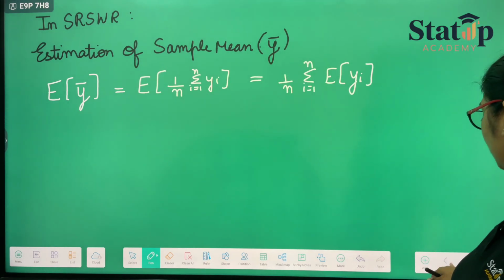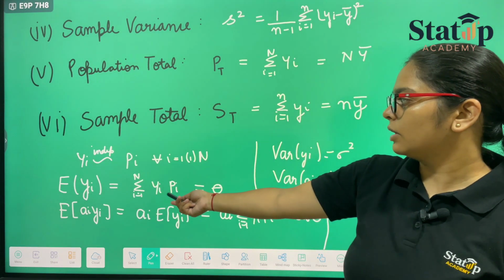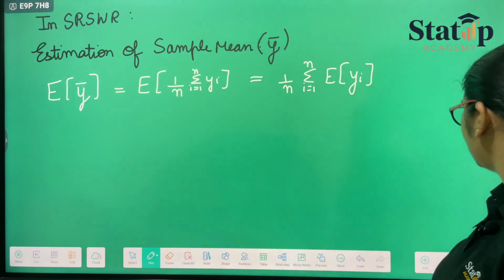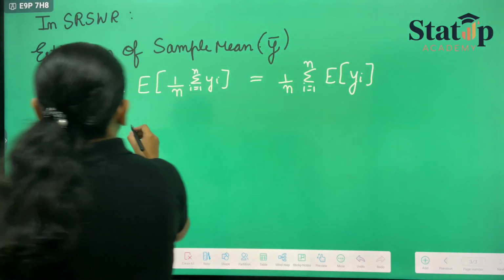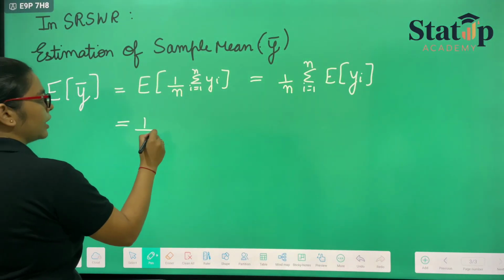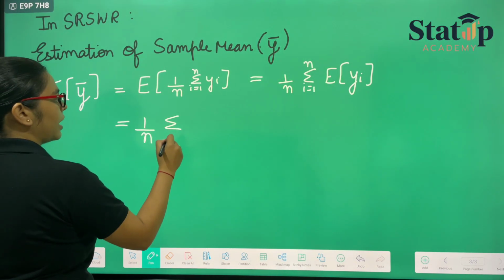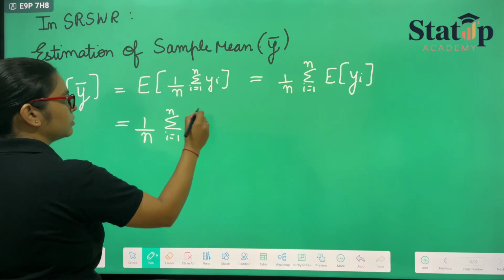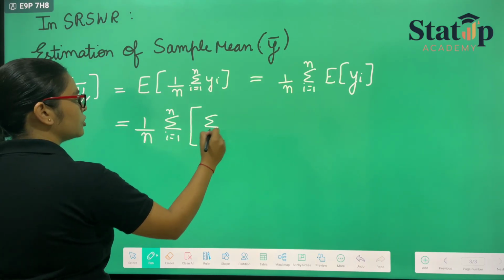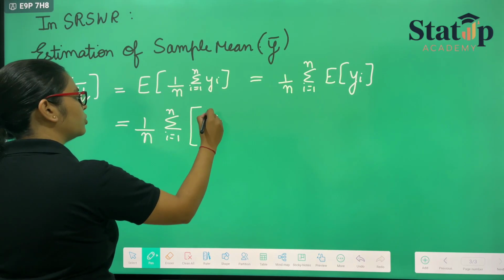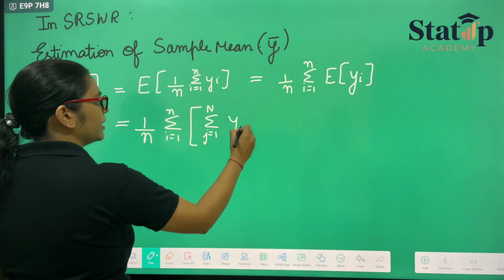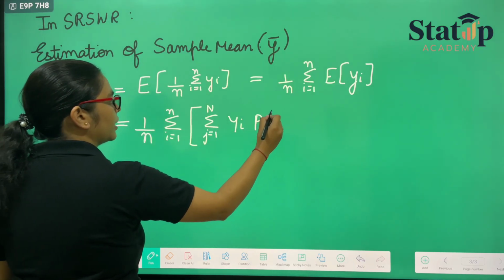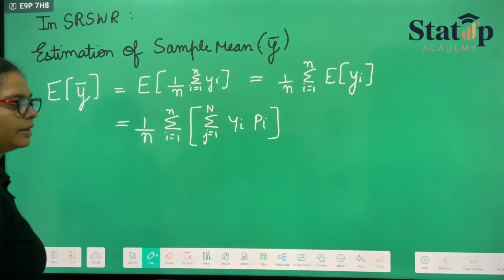Now estimation of yi, I have told you, is nothing but summation yi into pi, probability. So we can write it as 1 upon n summation i goes from 1 to n, summation j goes from 1 to capital N yi into pi, probability of selecting the ith unit.